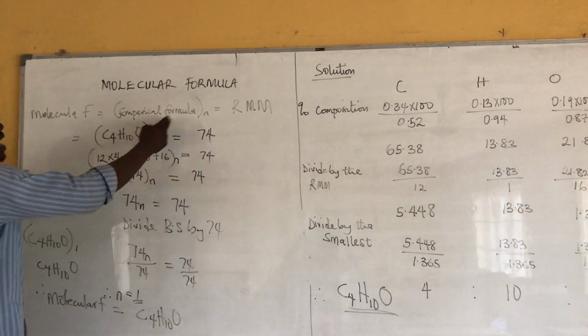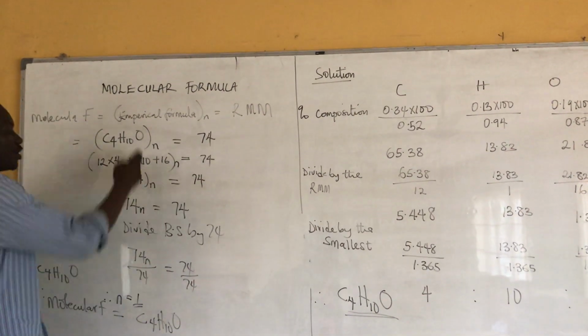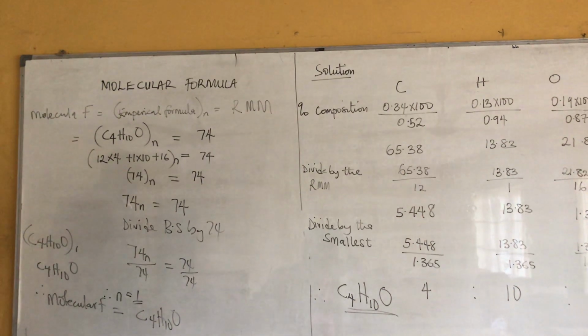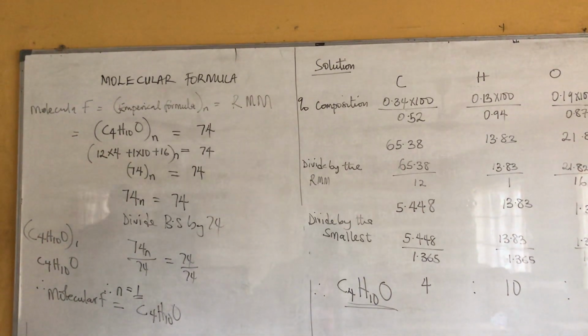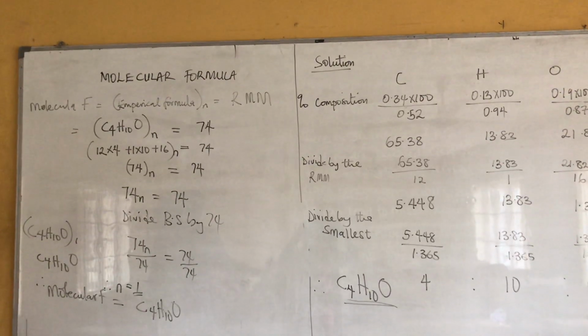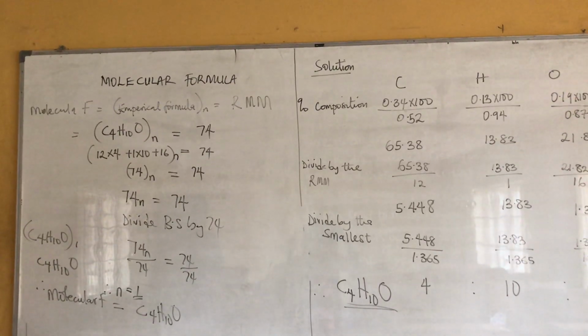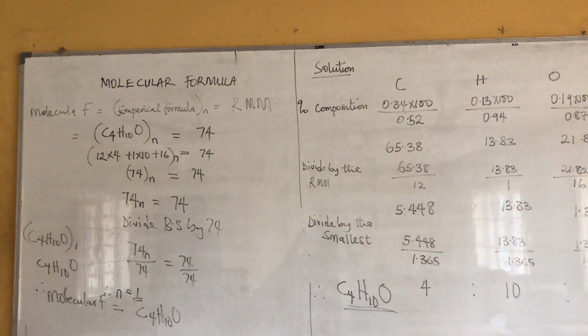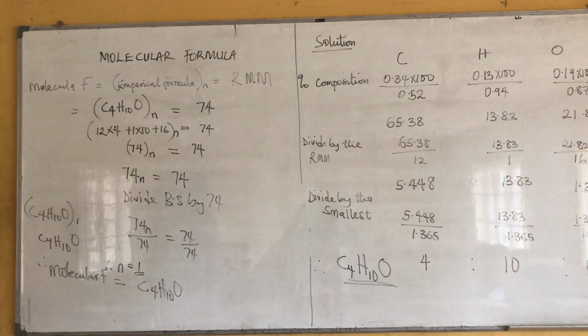Your empirical formula multiplied by n equals your RMM, which is given in your question. I want us to take our time to look at it.